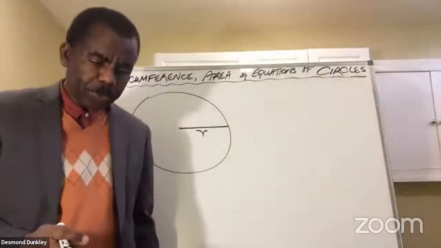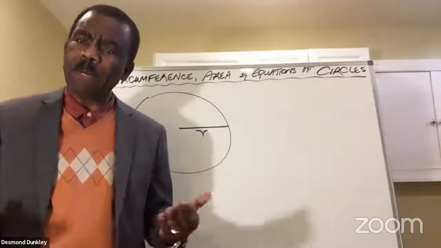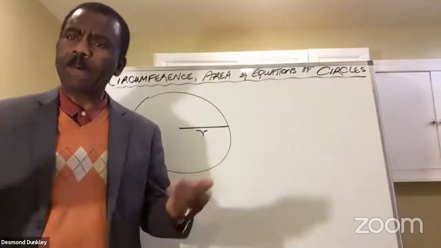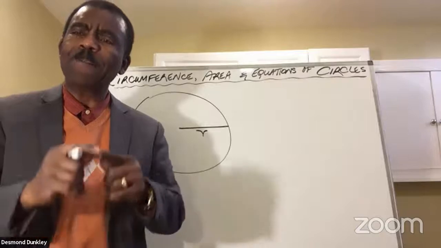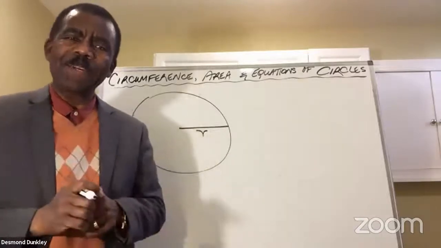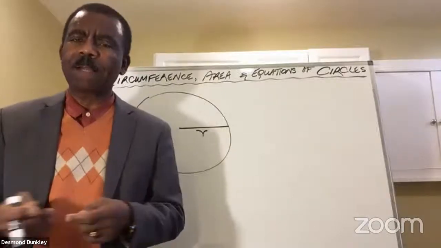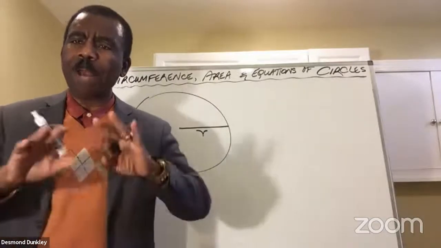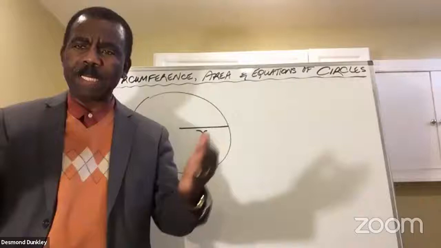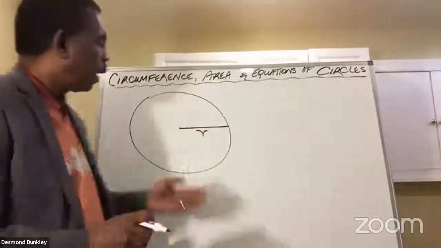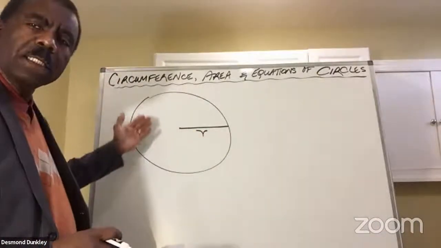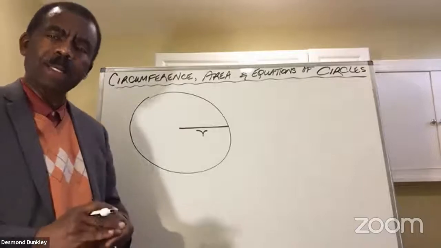Okay, so suppose you have a play area for the kids, and it's in the form of a circle. And you say, okay, you don't want the kids to fall and hurt themselves, so you're gonna make it be a grassy area, not concrete, but grass. And you want to know what area is that circle covering?